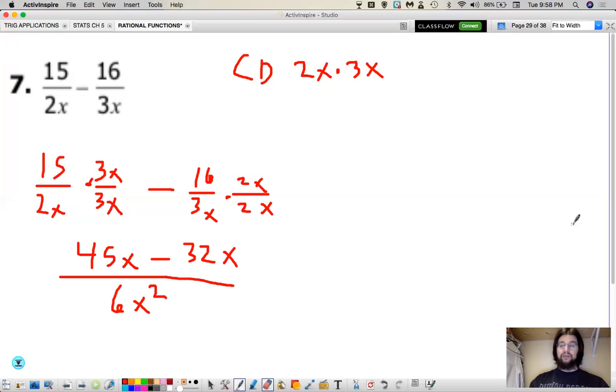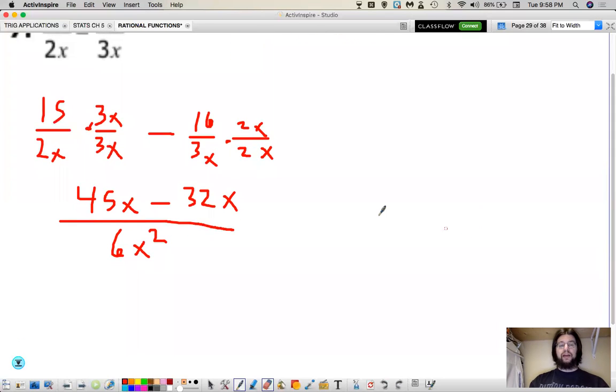So now, combine like terms. That's going to be 13x over 6x squared. Since it's monomials, we can kind of see 13 and 6, nothing happening there. X and x squared, the x in the numerator cancels to 1, the x in the denominator cancels to an x. So 13 over 6x.